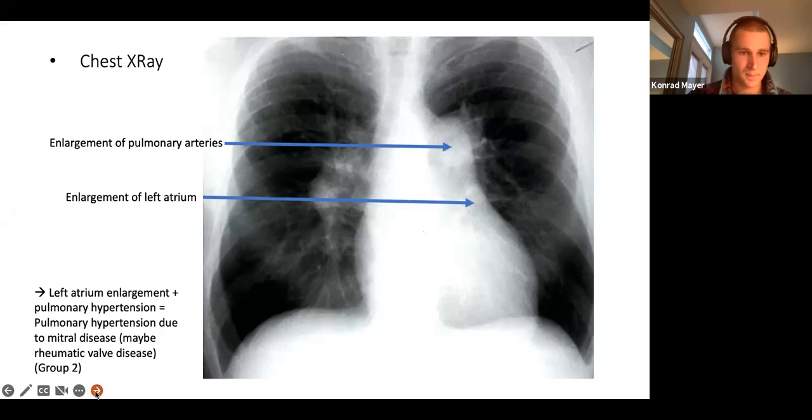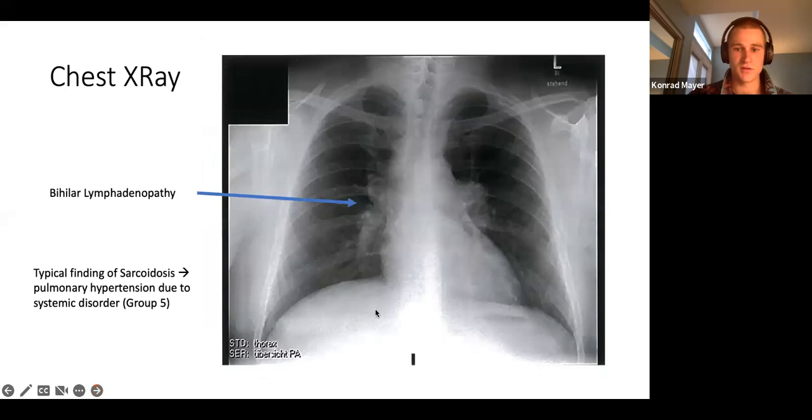Okay. So moving on to another chest X-ray. This is, for example, a chest X-ray which shows bihilar lymphadenopathy, which is a classic chest X-ray for sarcoidosis.